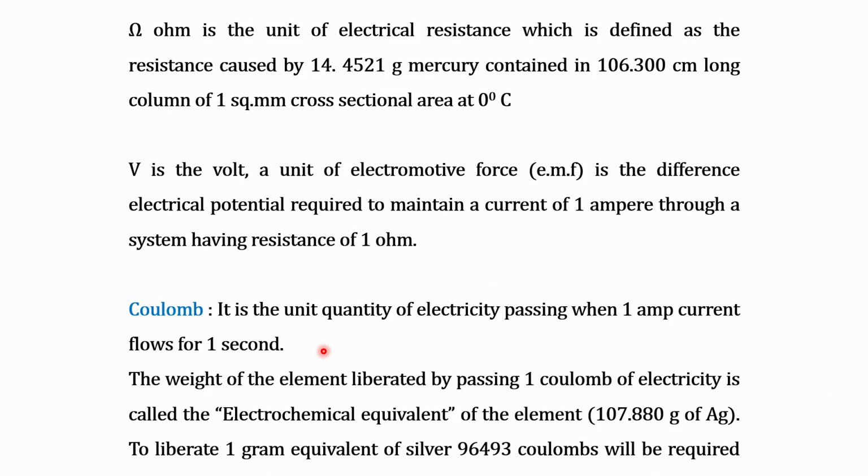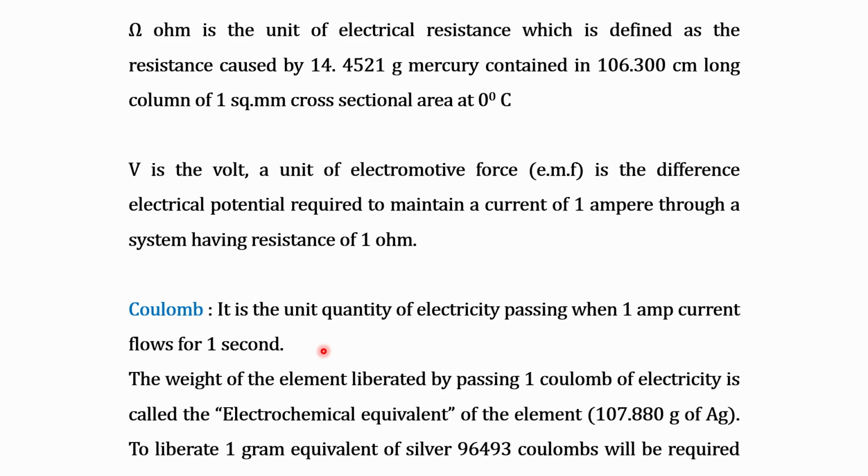What is the equivalent weight of silver? It is 107.880. So, if I want to liberate 107.880 gram of silver, I would say that I am liberating 1 gram equivalent of silver.